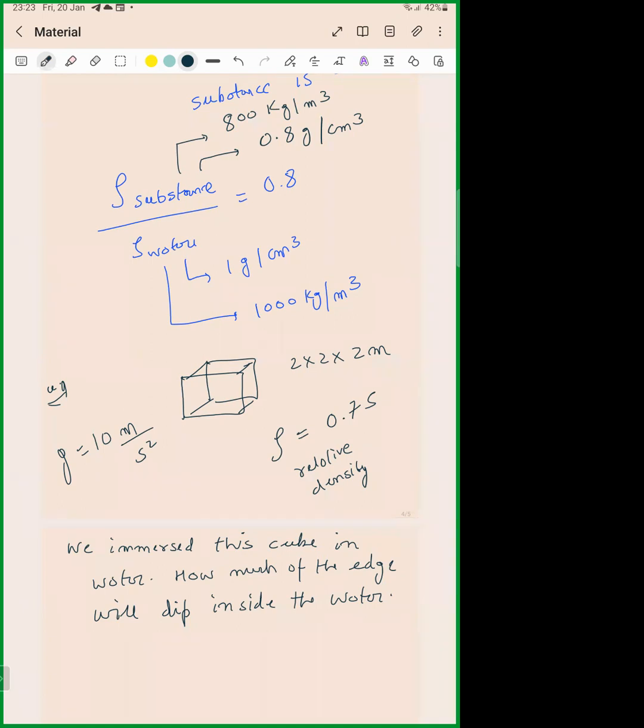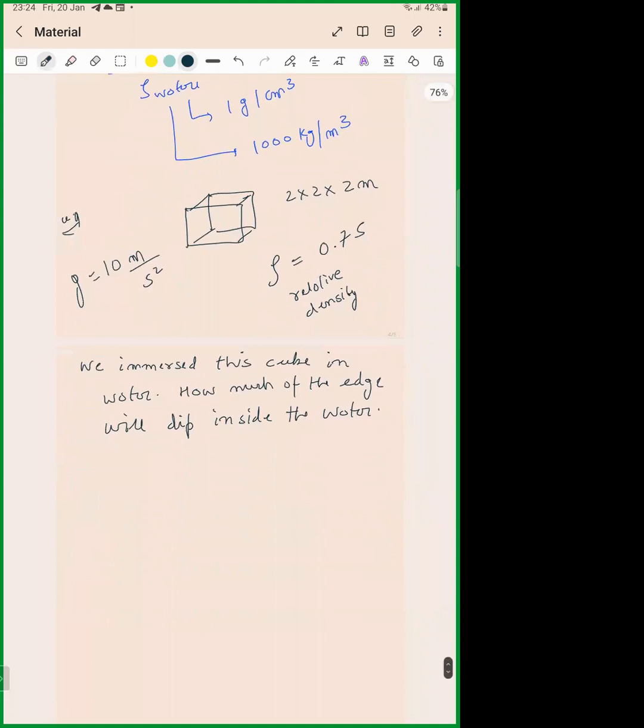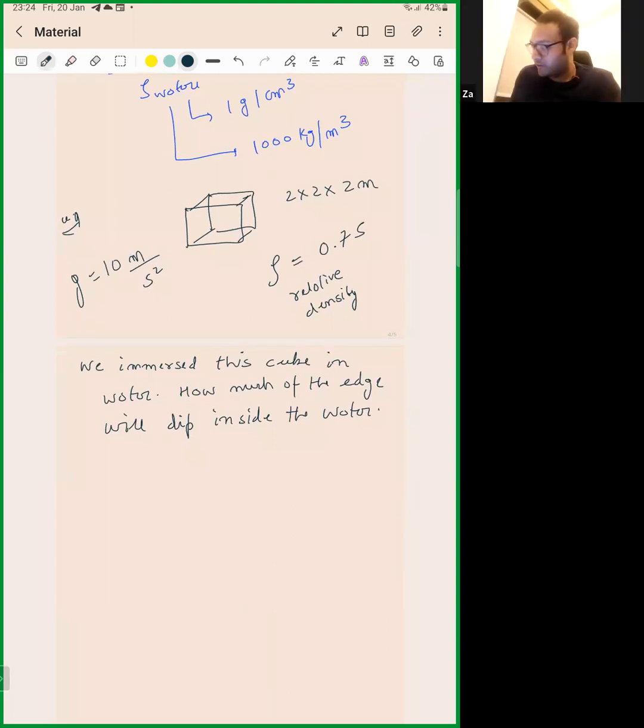So this is 1.75 meters. Okay, that seems a good number. So what will happen? We have to make the upthrust equal to the weight, because that's when it stops sinking.